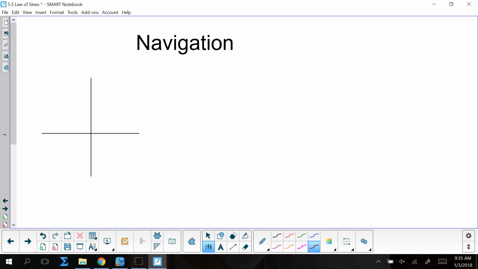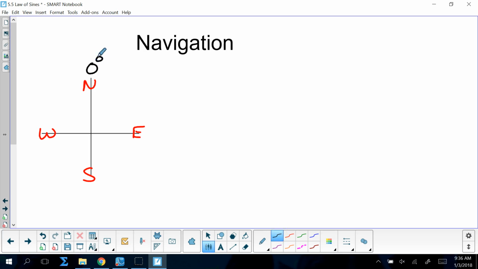So when we go to apply this stuff into the real world, the best spot to do it is navigation. Now, navigation is different than trig because of two things. What are the two things, remembering back to navigation? Navigation, remember, is north, south, west, east. Zero is up north.